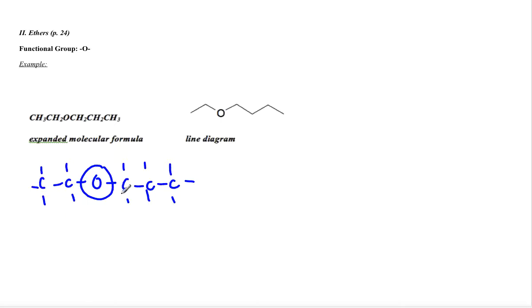I can take this exact formula and I can turn it into an alcohol. So I can put an OH on the end, and I will end up with the exact same formula. So 1, 2, 3, 4, 5 carbons. The number of H's, 1, 2, 3, 4, 5, 6, 7, 8, 9, 10, 11, 12.